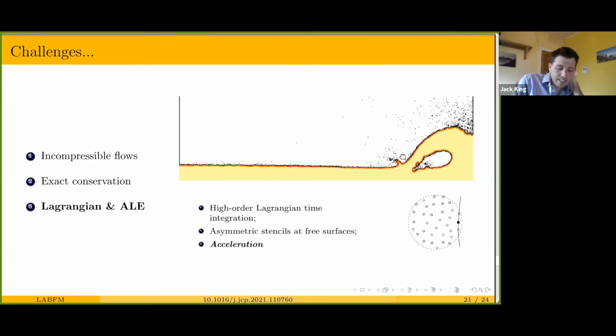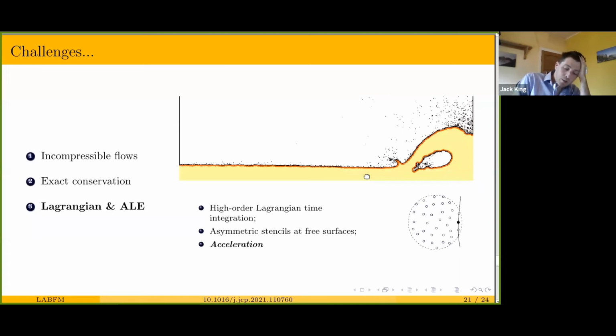And again, it's let down by the low order scheme that we have to update the particle positions. So ultimately, even if we're first order in time for velocity and fourth order in space for the discretization scheme, if we're advecting particles with a very low order scheme, that error ends up dominating.